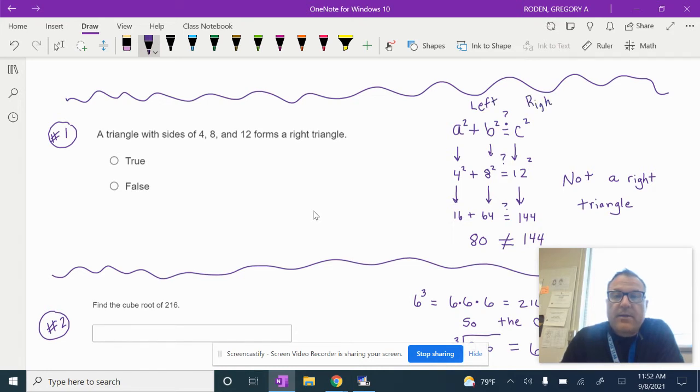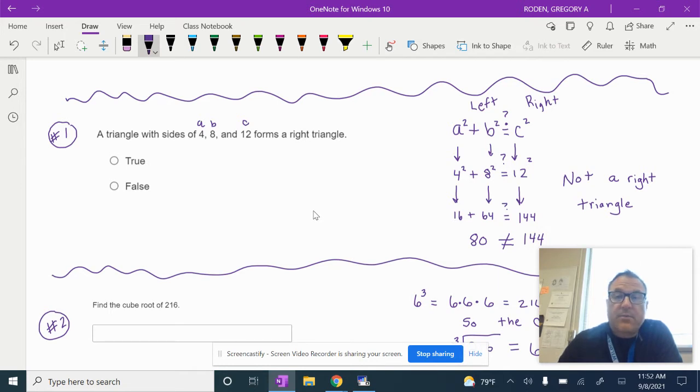So let's go ahead and look at the numbers and make sure you're writing this down if you missed this problem. I'm going to make 4 my a. I'll make b 8, and then c is always the longest side, so we'll make c 12. So 4 squared is 16, 8 squared is 64, and when you add 16 plus 64, you get 80.